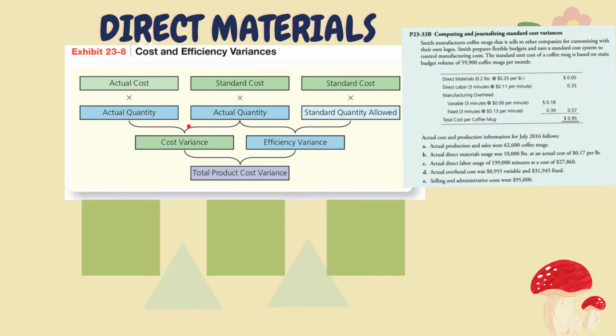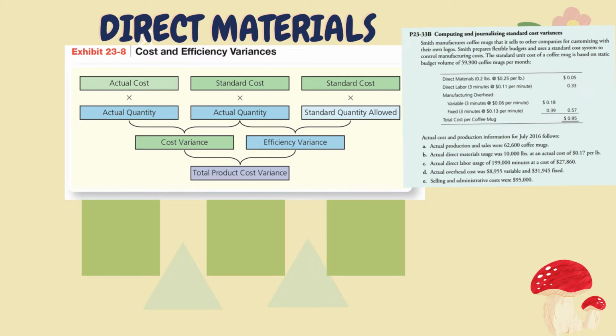The difference between the first two we call the cost variance, because the cost was different. The difference between the last two will be called the efficiency variance, and the difference between the first and the third we call the total product cost variance, which is the direct materials variance or flexible variance.